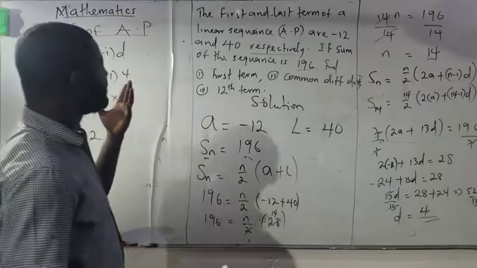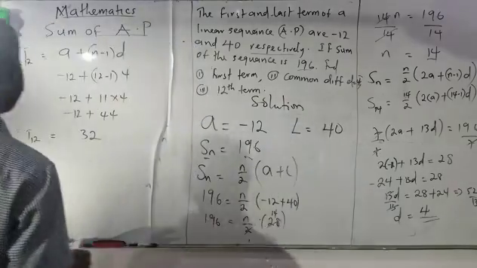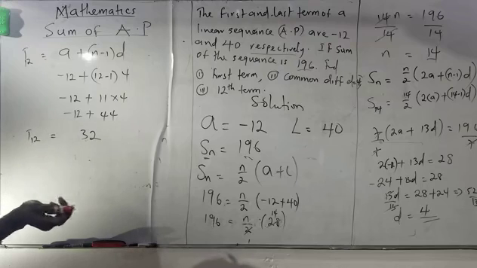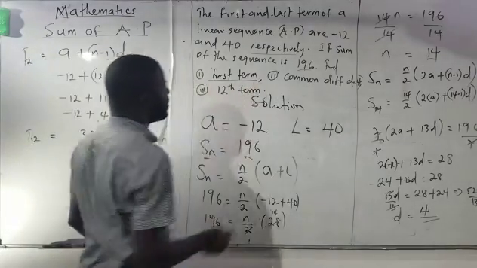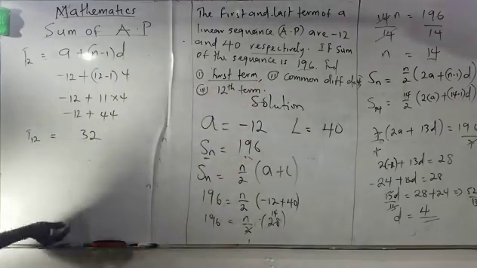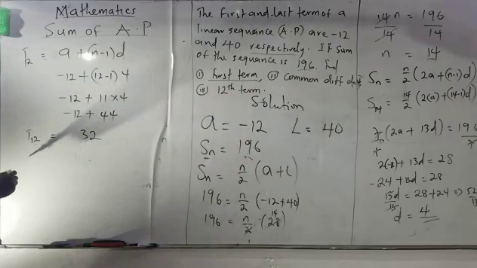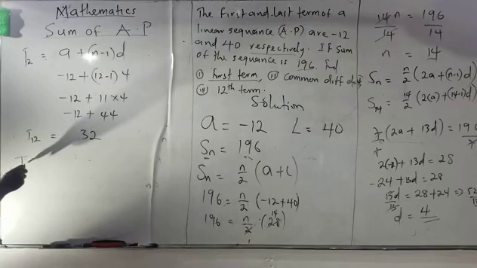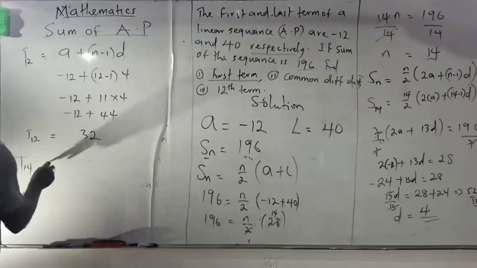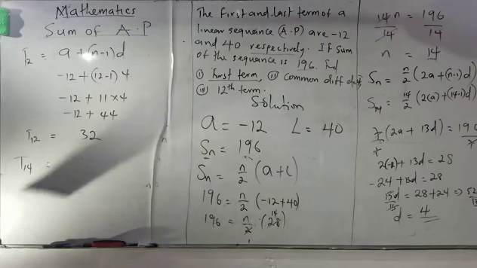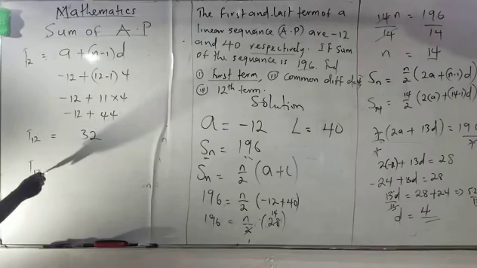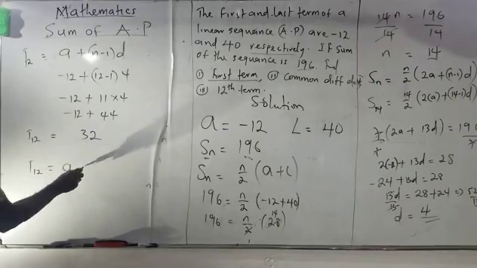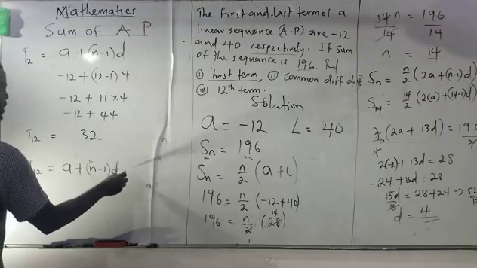Now, have I found my first term? I'm not getting my first term. How will I get my first term? Okay, I can move on by saying that my T12 equals a plus n minus 1 bracket of d equals 32.